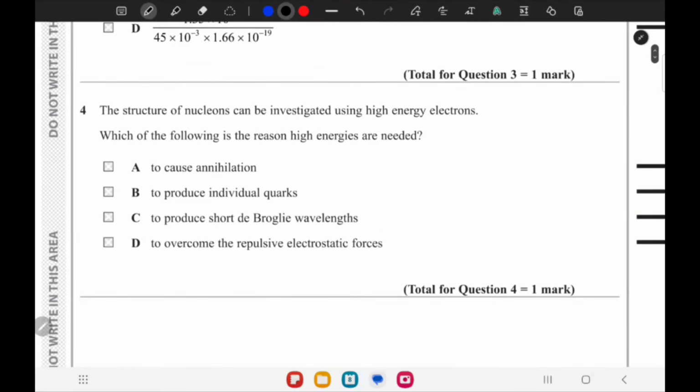Now moving on to question 4. We are given that the structure of nucleons can be investigated by high energy electrons. We have to give the reason behind needing these high energies.